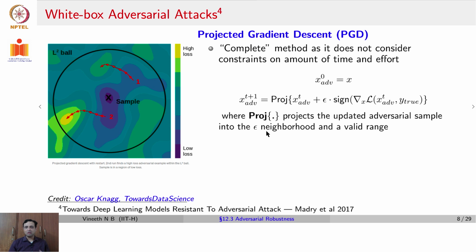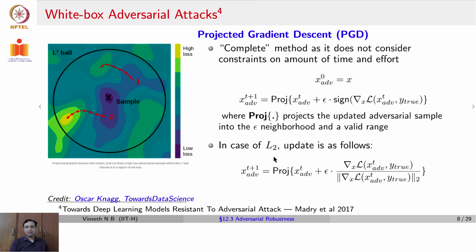So you try to find out what is that sample that takes me to a higher loss, project it back to the epsilon ball that you're allowed your perturbation in. Remember that epsilon imposes a certain constraint on the size or the norm of the perturbation. This gives you a new adversarial perturbation. Now you repeat this over multiple iterations until the classification output changes.